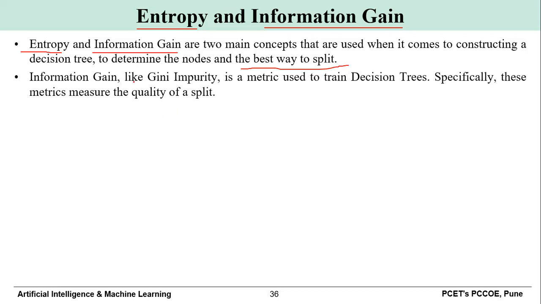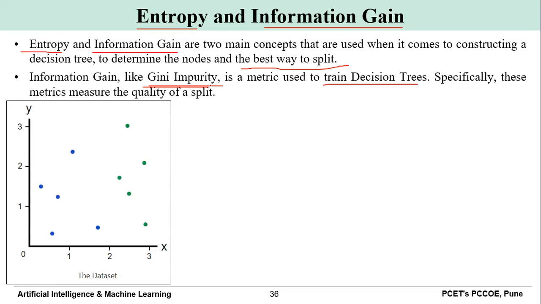The information gain, like Gini impurity, is a metric used to train decision trees. Specifically, these metrics measure the quality of a split. Right. So we will take one example and try to understand it. I will also be taking this particular example after two or three slides.